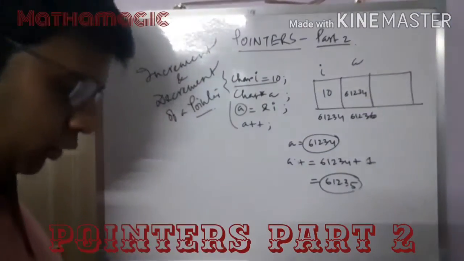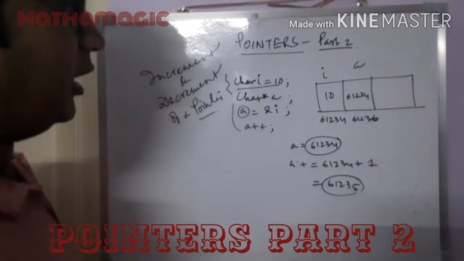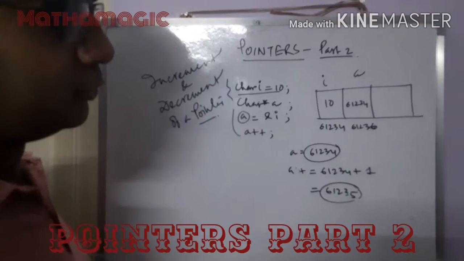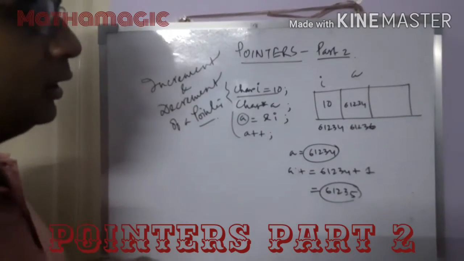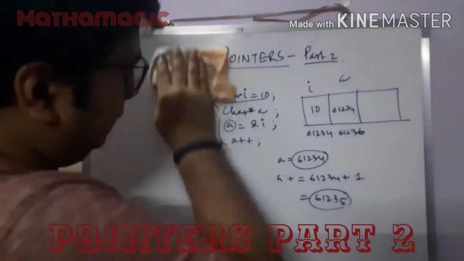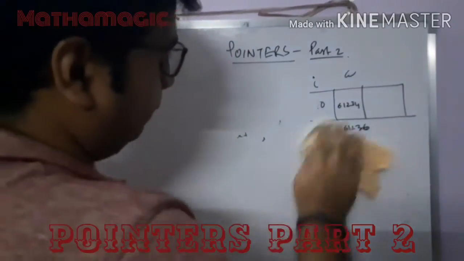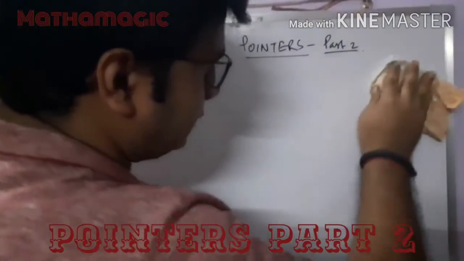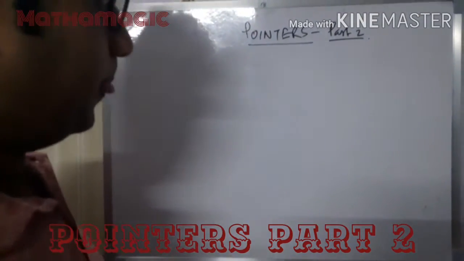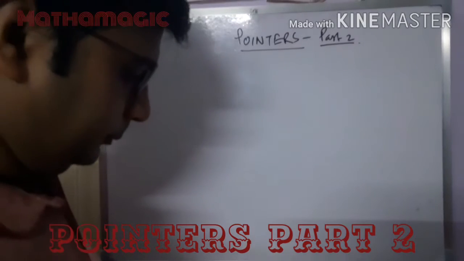We'll go for the next example to demonstrate how pointer variables affect a program, and what things we need to change when writing a program using a pointer variable. Please remember and understand the concept which we are going to tell right now very carefully, because it will be very helpful.